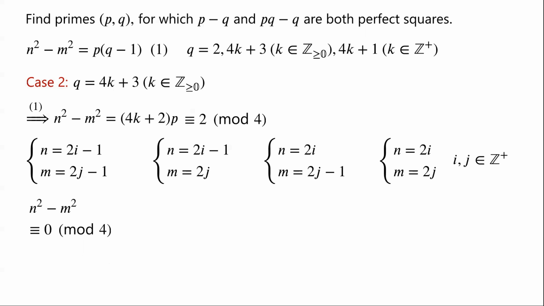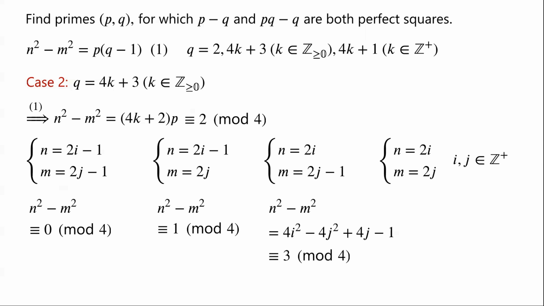For n equals 2i minus 1 and m equals 2j, n squared minus m squared equals 4i squared minus 4i plus 1 minus 4j squared, which is congruent to 1 modulo 4. For n equals 2i and m equals 2j minus 1, n squared minus m squared equals 4i squared minus 4j squared plus 4j minus 1, which is congruent to 3 modulo 4.